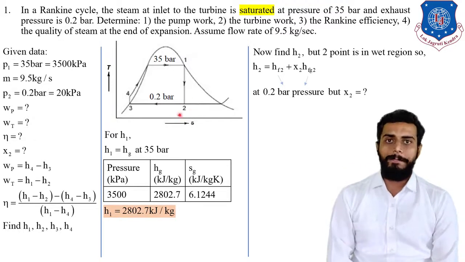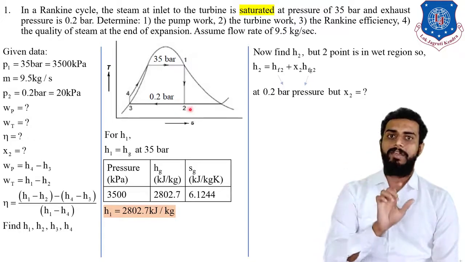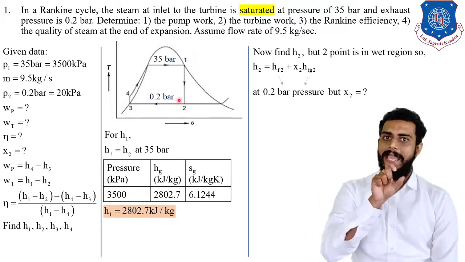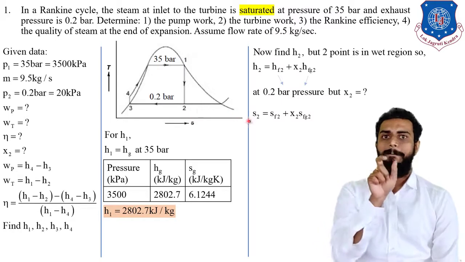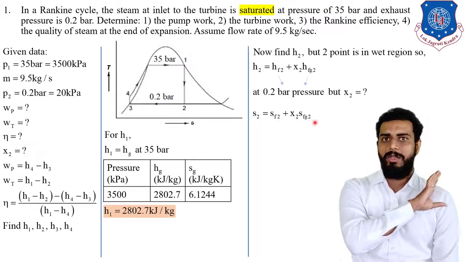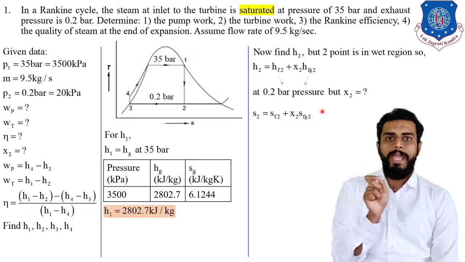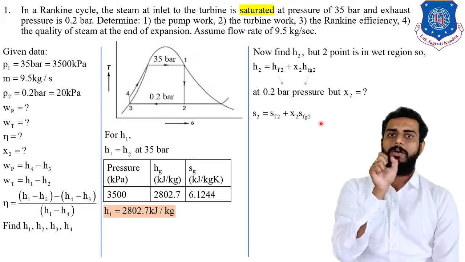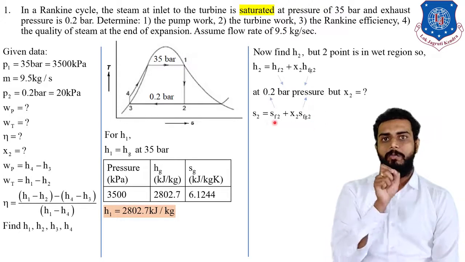For entropy of wet steam, the equation is same as enthalpy, that is S2 is equal to SF2 plus X2 SFG2. Now here SF2 and SFG2 can be found out at 0.2 bar pressure.